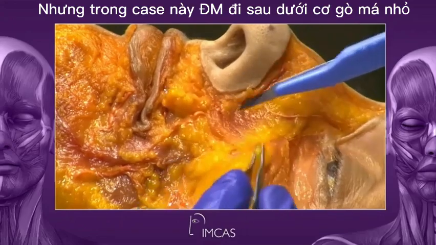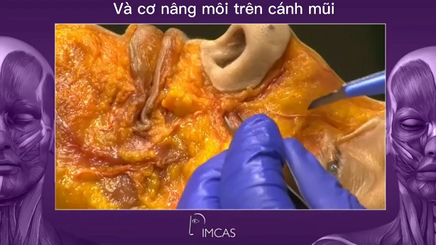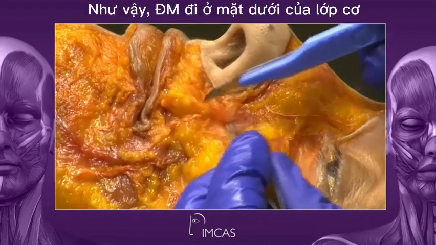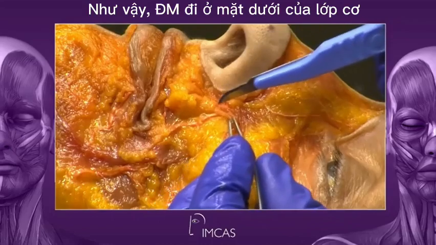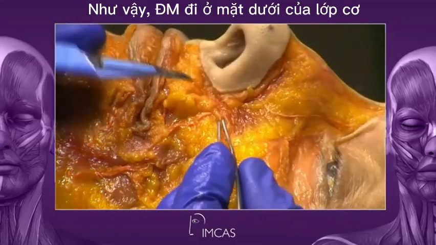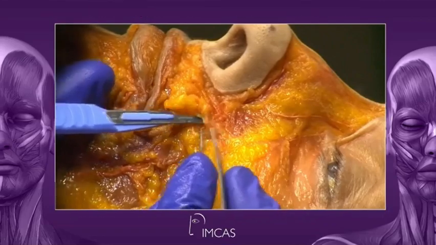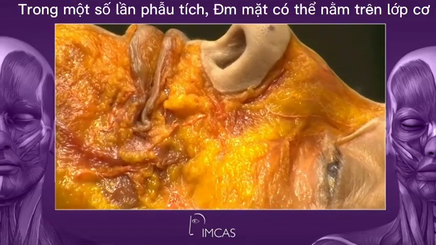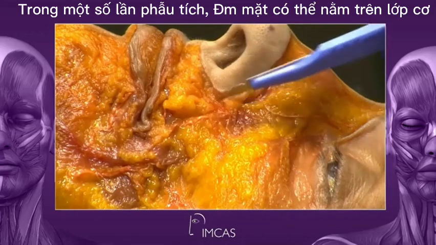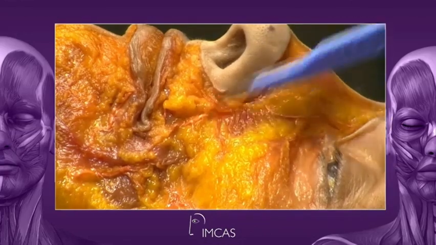You have here the zygomatic minor, the levator labii alaeque nasi, and then this artery crosses muscles by the deep plane. Sometimes I can show you some videos, and perhaps you will see other anatomy videos tomorrow. Sometimes this artery is on the muscles, and in that case it's below the muscles.